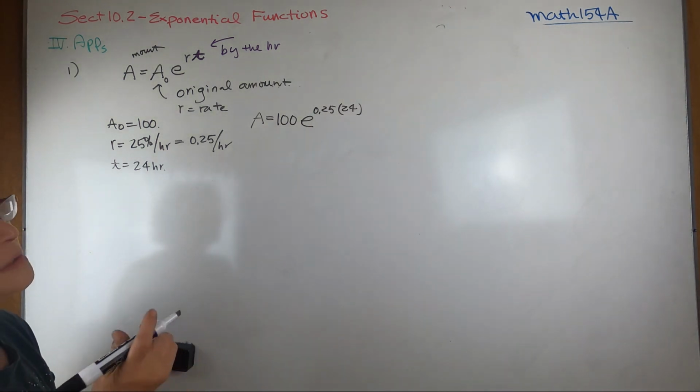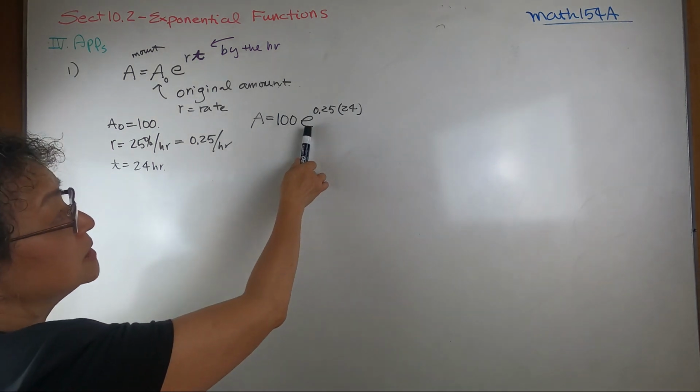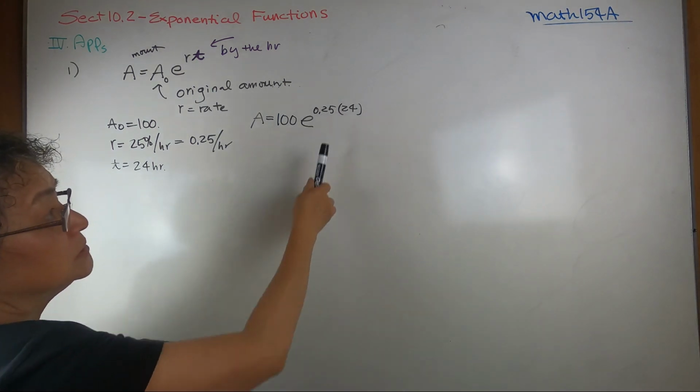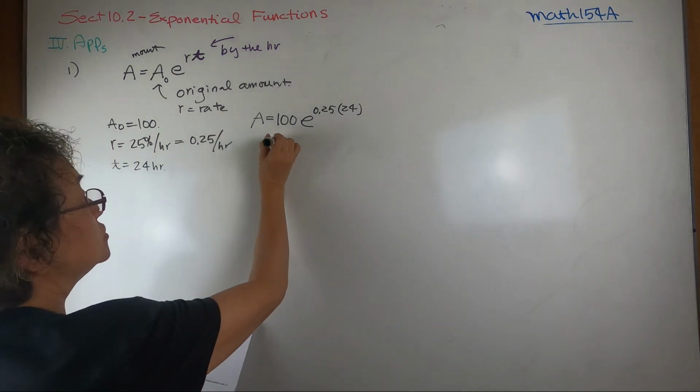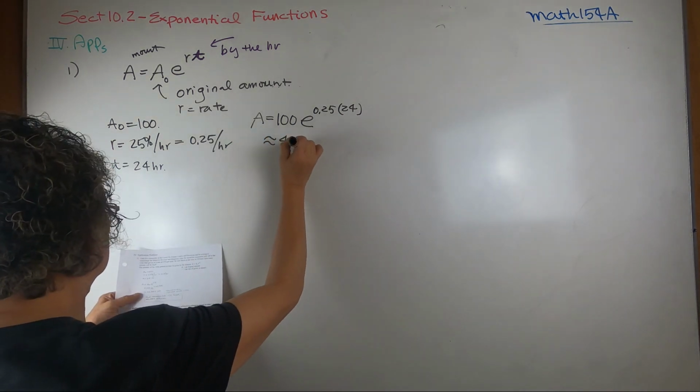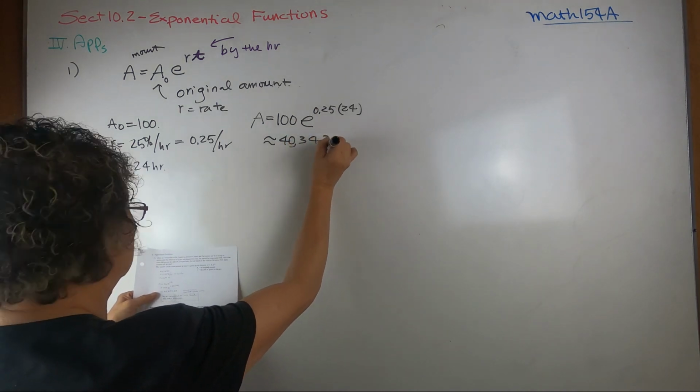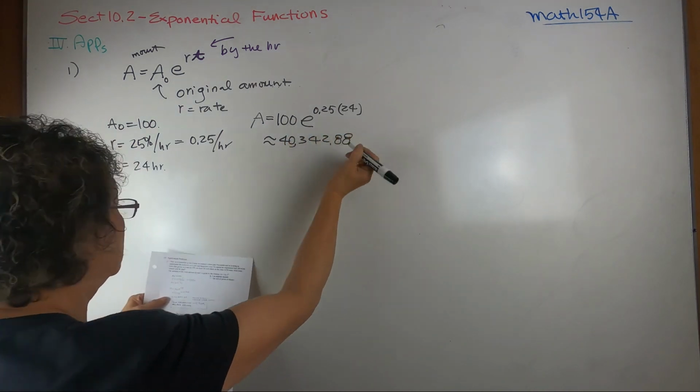And you better know how to use the calculator to do those, okay? You should get 40342 somewhere, right?